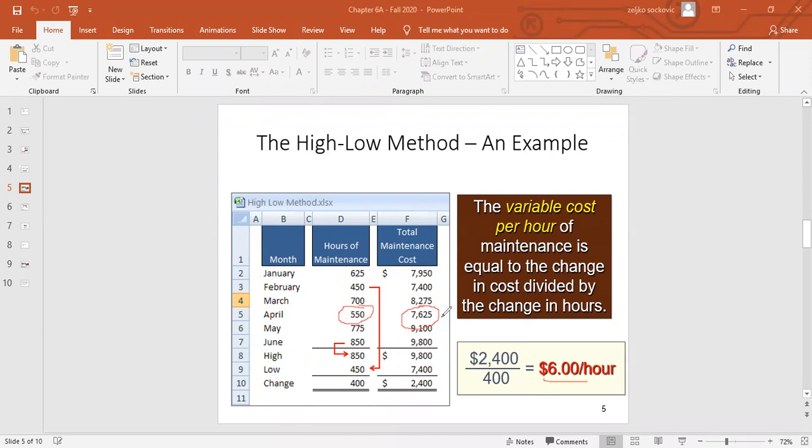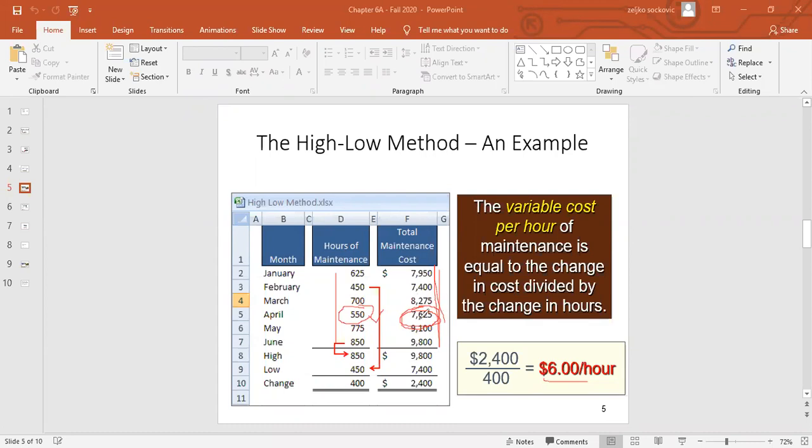Of course, on the exam, you will get a number, and that will be the answer. But I'm saying this because on the exam or in a homework, the question will not be one of these numbers here. It will be something that is not there. But you can try plugging this equation, 4,700 fixed plus $6 times, into these 550, and you will not get 7,625, but you will get somewhere in the ballpark.